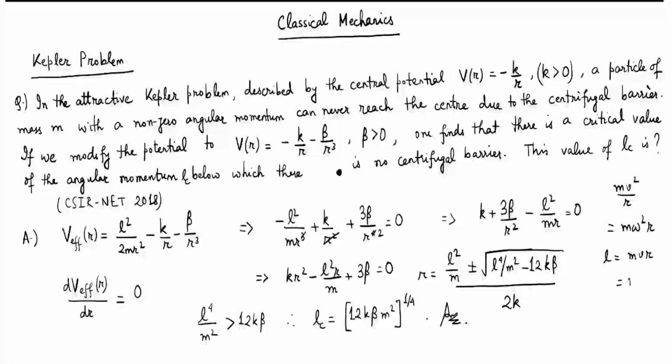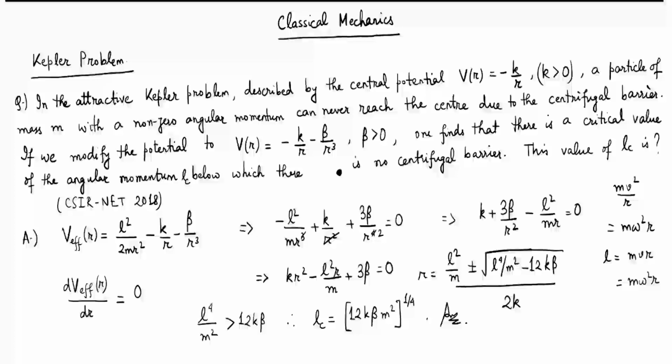So this is m omega square r. So this is basically how you define the orbits.